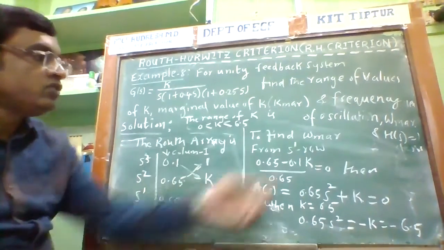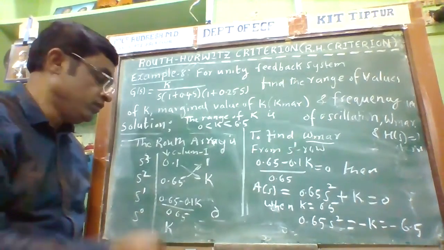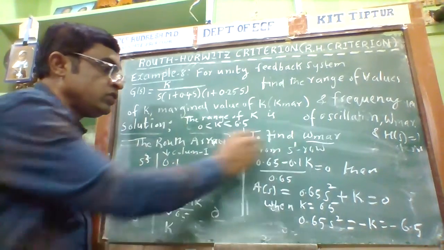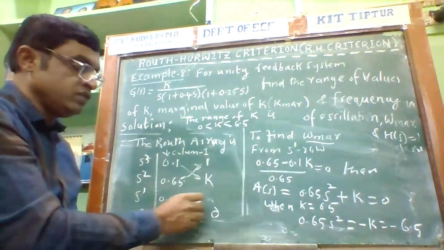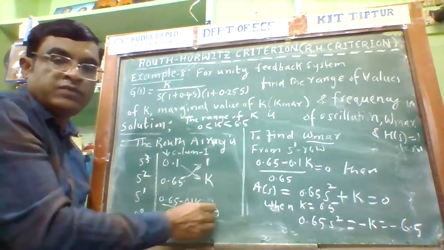For the marginal case, this element is equal to 0, and then the entire row becomes 0.